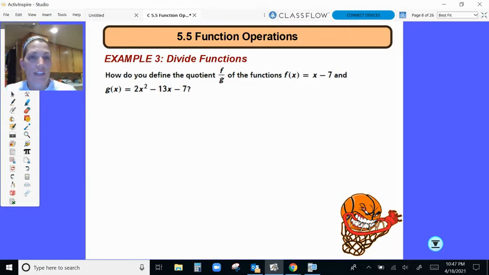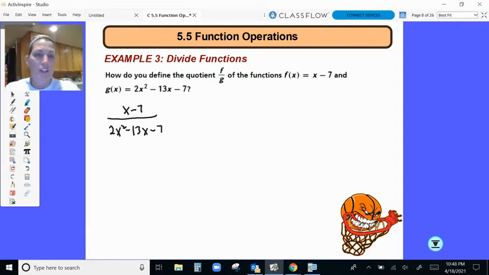All right, so one more thing to look at now is dividing functions. This is the only one where the domain gets funky, right? Because we can't divide by 0. Okay, so we take our function f, x minus 7, and divide it by this function, 2x squared minus 13x minus 7. Now that's my f divided by g. But what's my domain?